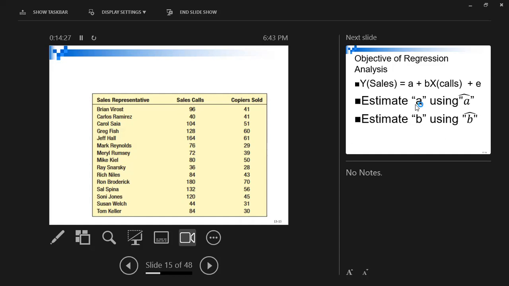We do that using what we call the coefficient of determination.